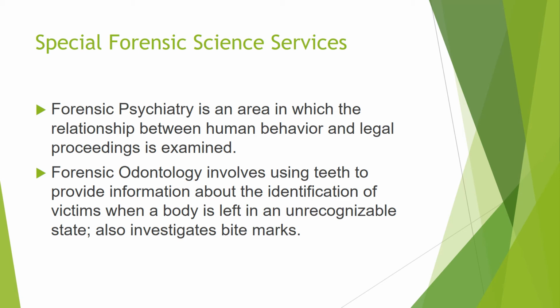Forensic odontology involves using teeth to provide information about the identification of victims when a body is left in an unrecognizable state, and also to investigate bite marks. A lot of times forensic odontology is used with dental records, and then it can actually help prove, as in the case of Ted Bundy, about teeth marks and bite marks.